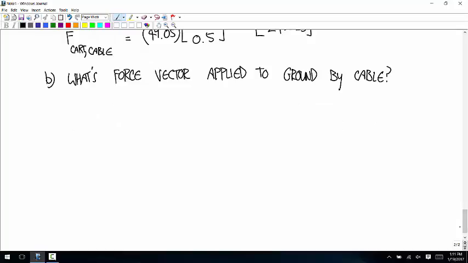Well, the cable applies the same force to everything it touches, as long as it only goes over frictionless, massless pulleys. And so we know that we have a force vector that's straight up, parallel to the cable, away from the chosen body, with a magnitude of 49.05.